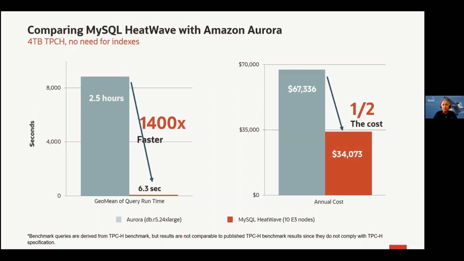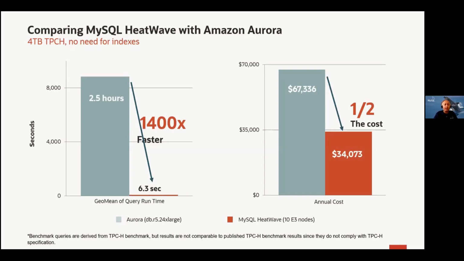To give you a sense of how much faster 1,400 means, if you take a typical query in TPCH, 4 terabytes, on average, after creating all the indexes, after optimizing Aurora as best as you can, the query will take about 2.5 hours to execute. With HeatWave, without the need for any indexes, it takes about 6.3 seconds. So 2.5 hours with indexes, 6.3 seconds without any indexes. That's how fast HeatWave is.